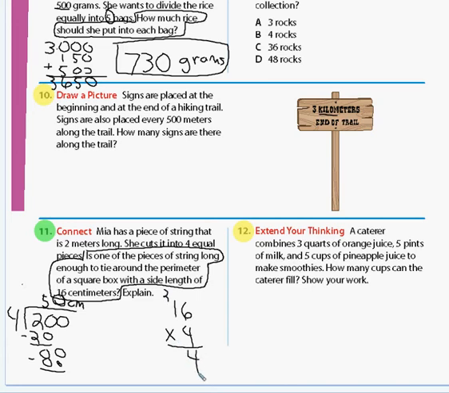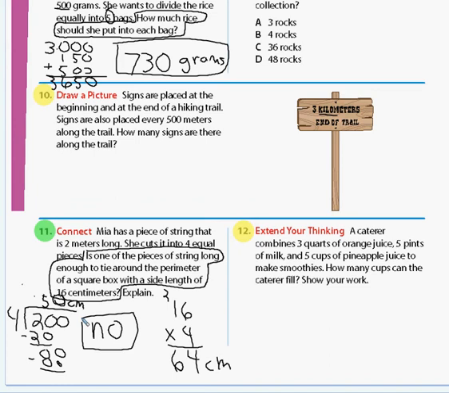And 4 times 1 is 4, plus 2 is 6. So it's 64 centimeters, the perimeter of the box. But I only have 50 centimeters of string, so no, I do not have enough string. You can see that wasn't too difficult a problem. I had to convert my meters to centimeters, then divide by 4, and then figure out what the perimeter was.